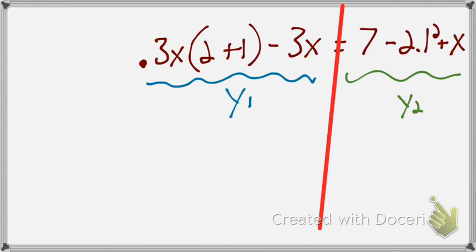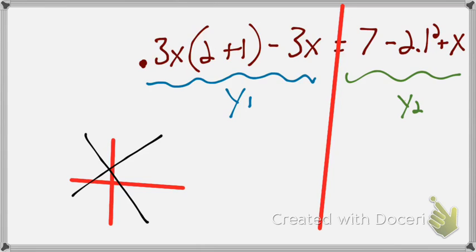Okay, and what you see happen is on your graph, you have one line come down and another line come over. Okay, this point right here where they cross is the answer to our problem. Okay, if you cannot see where they're crossing, you're going to have to hit the zoom button and zoom out. Okay, but if you can see where they cross, the calculator can now tell you your answer.